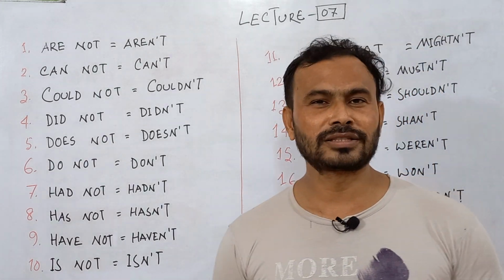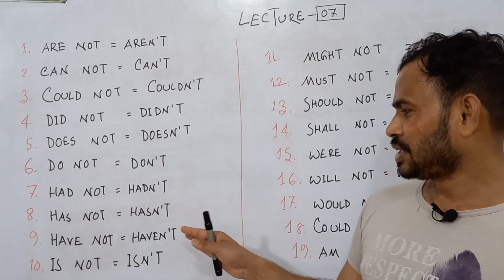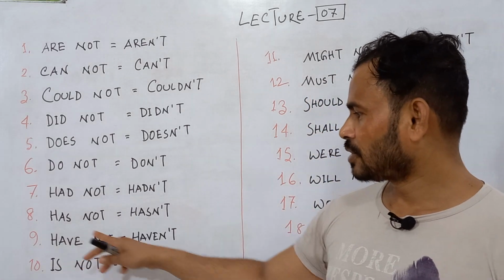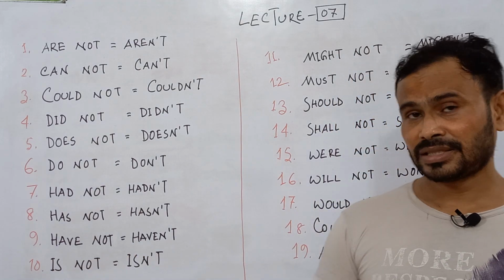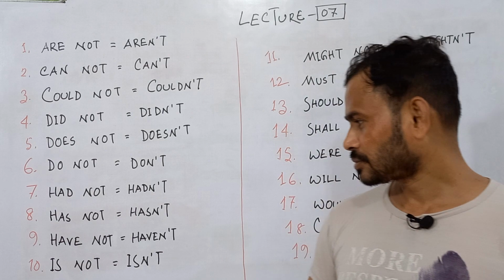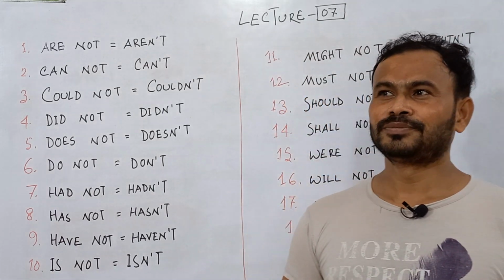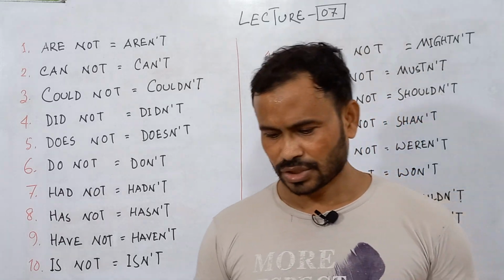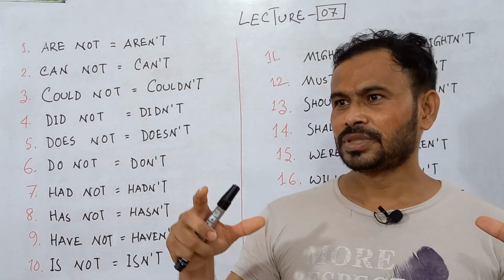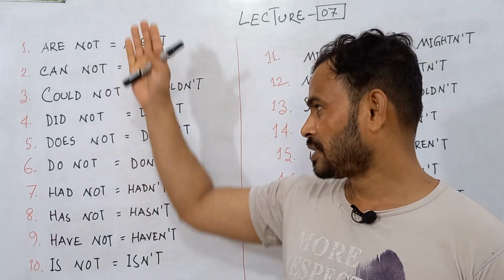If you try to use the contracted form of is not, the sentence should be, he isn't doing the work. So friends, I think you have learned a lot of things.